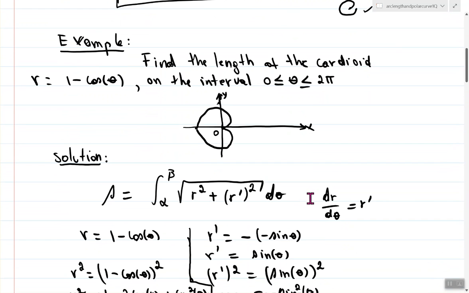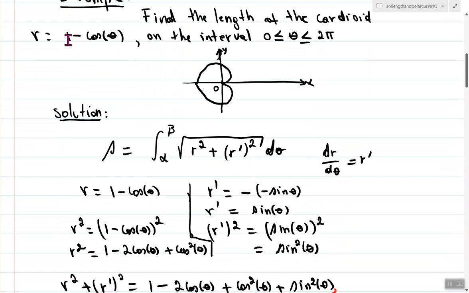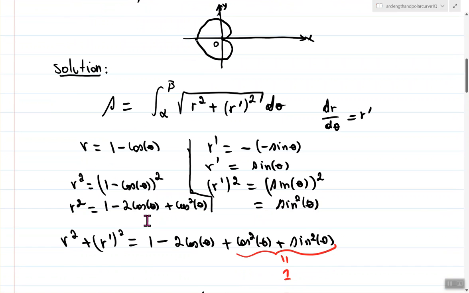So when you look at the formula, it says to take r, that is 1 minus cosine theta, and square it. If we square r, we square the right side also, which means we're going to FOIL it. You get 1 minus 2 cosine theta plus cosine squared theta.